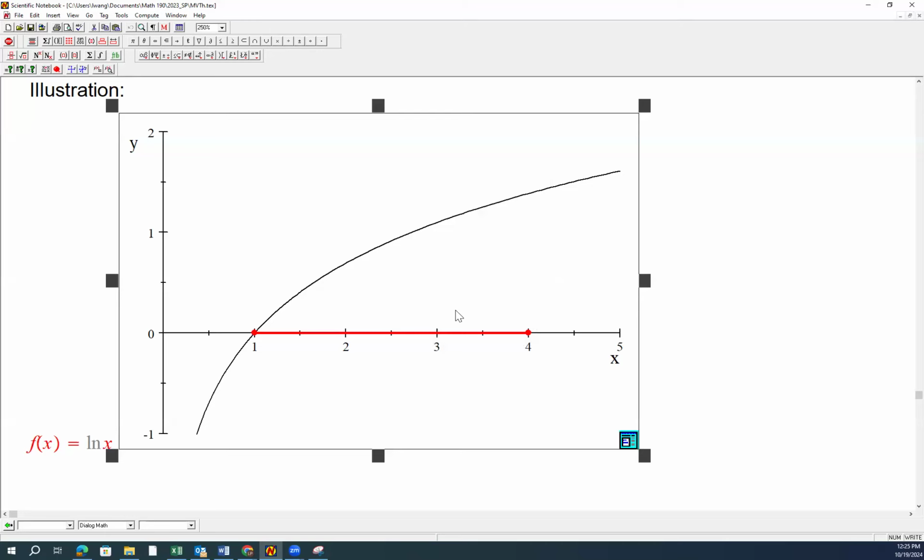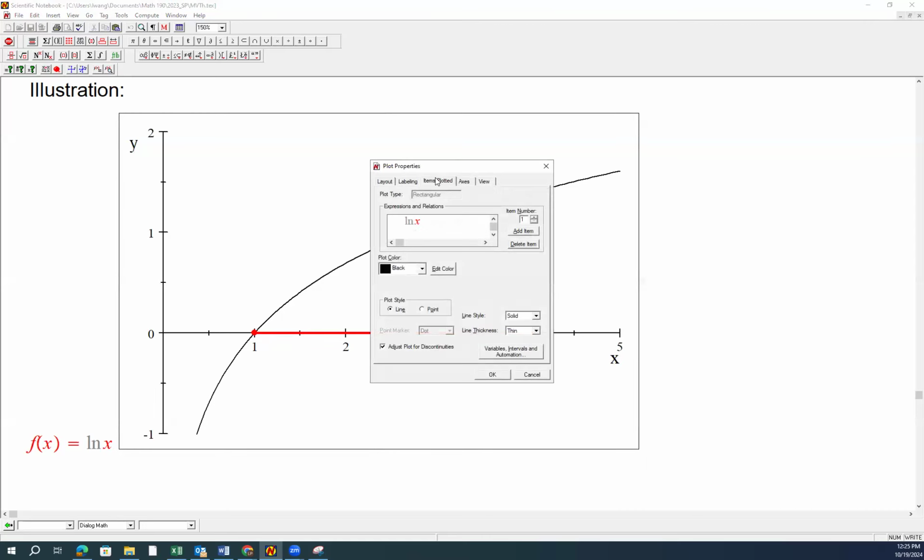The endpoints: this point is (1, 0), and the other point is (4, 2 ln 2).